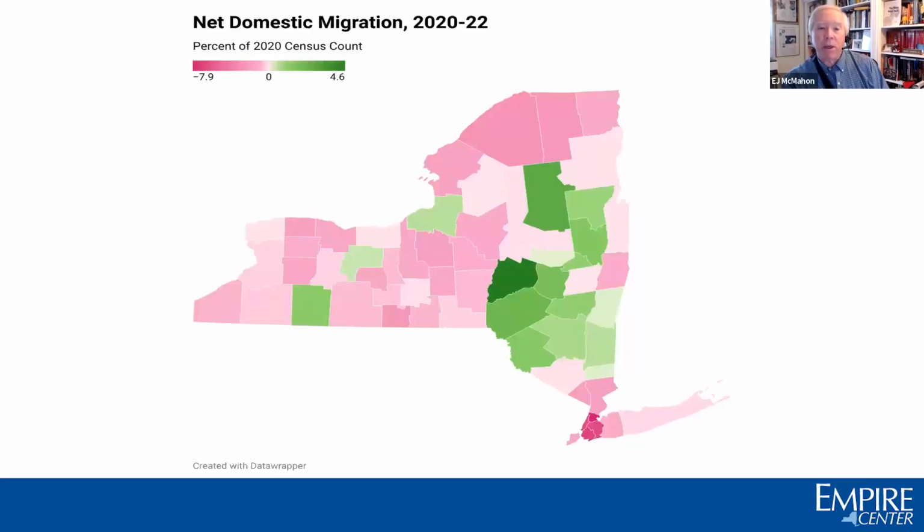Where were people going within New York State? Well, again, I think many of us know from our own anecdotal evidence that it was mainly upstate. You see this here, the city's big net domestic migration losses. If you do this map for any decade leading up to 2020, there are only 2 green counties every year on this map, and they are Saratoga and Ontario.